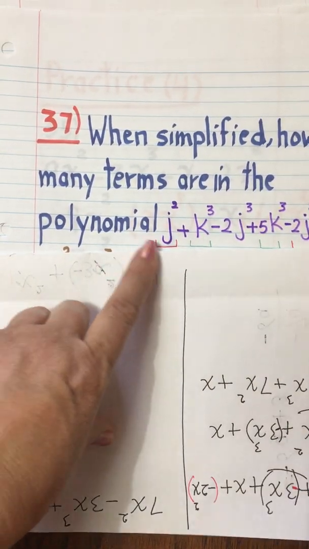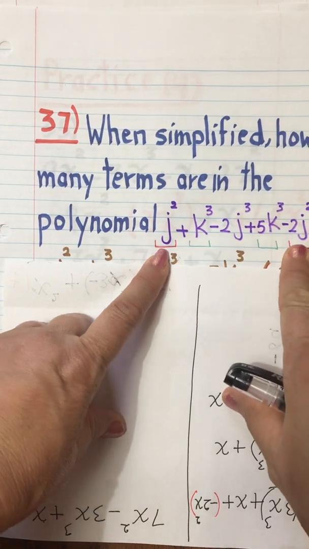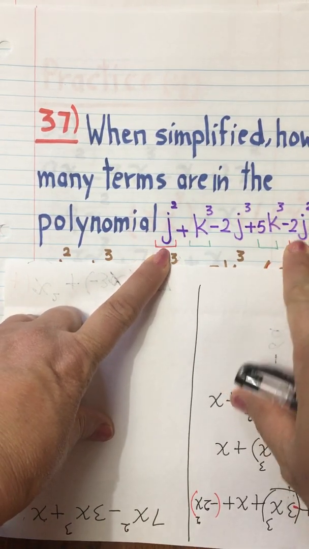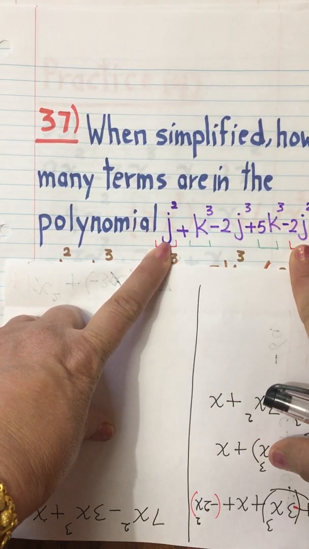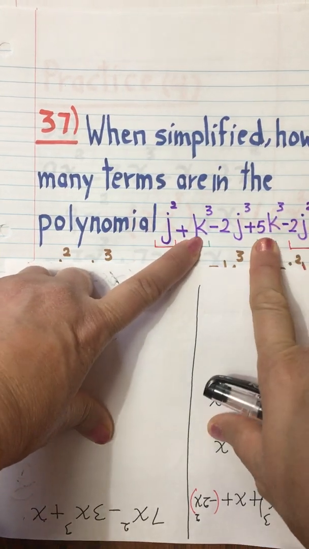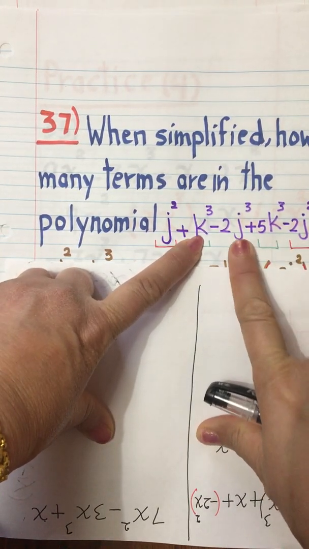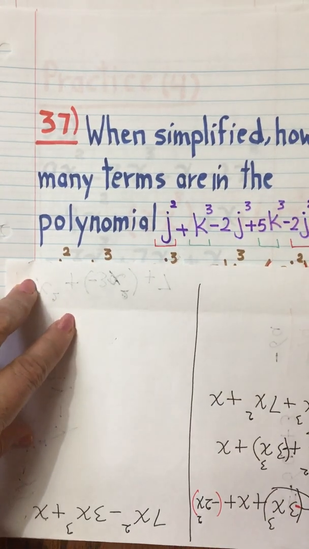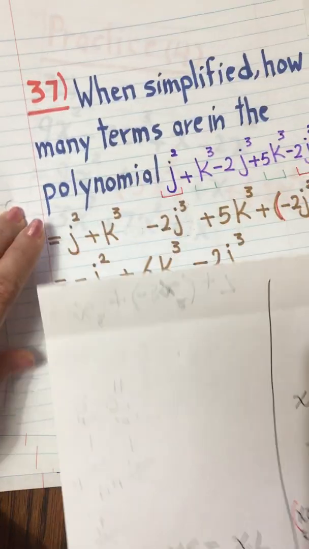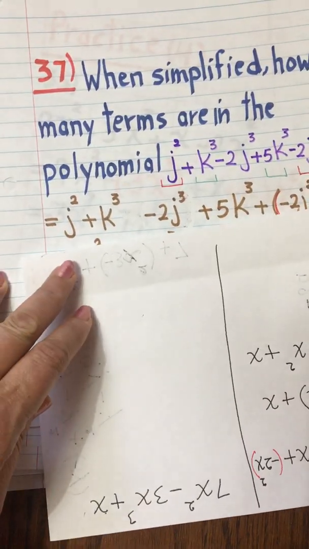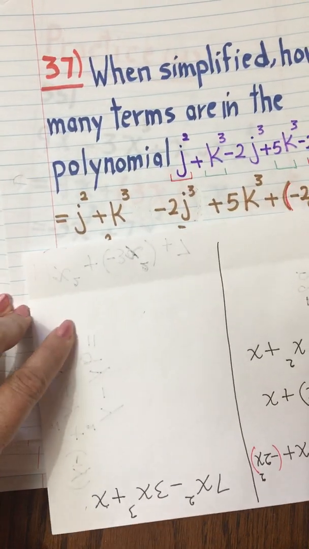So the first term, j squared, and minus 2j squared, these are like terms. These two terms are alike, and this term is by itself. So the first step, I'm going to change the negative sign to a positive sign.